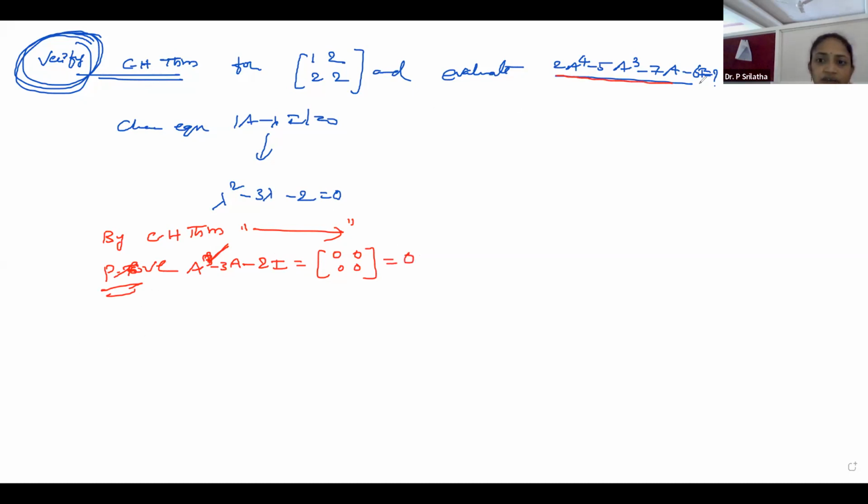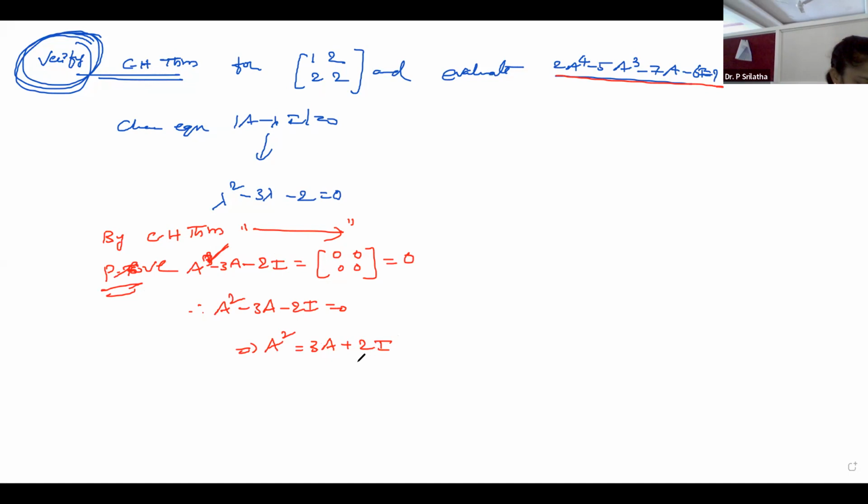So after that, evaluate this one. From the equation, A square minus 3A minus 2I equal to 0. So from that you can write A square equal to 3A plus 2I, isn't it?